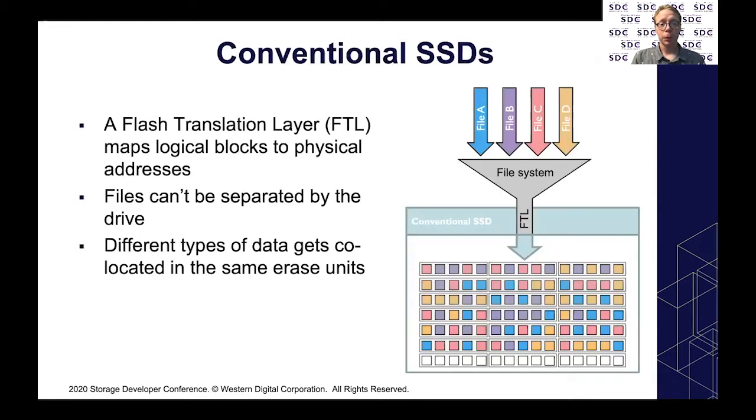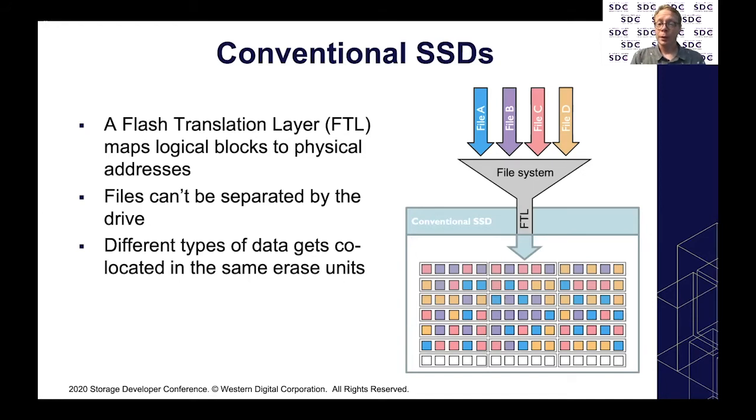So how does this work? Well, for conventional SSDs, this flash translation layer maps logical blocks to physical addresses in some way. It stores this translation layer on the flash and usually keeps it in memory as well to enable fast lookups.